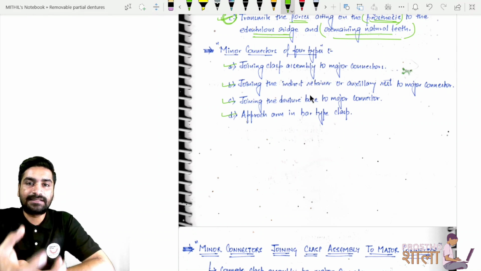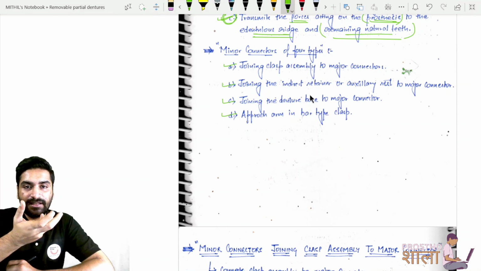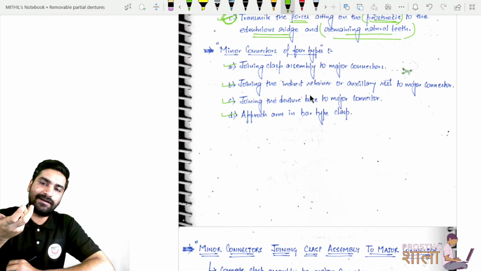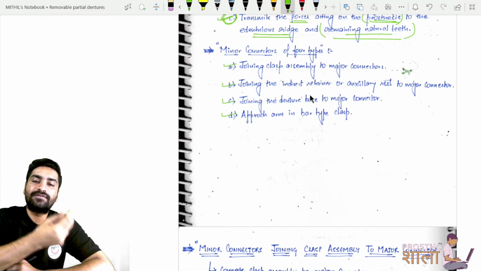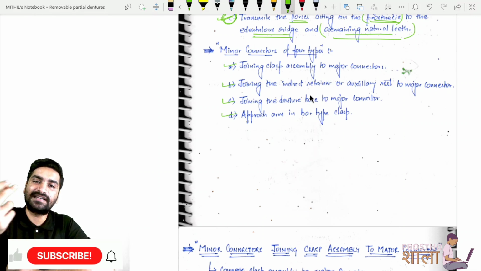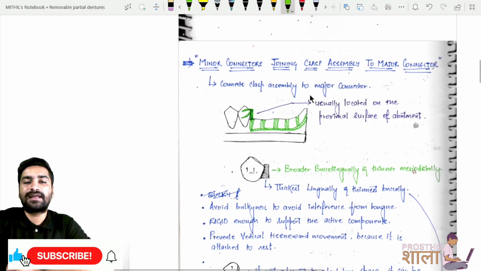So we discussed that minor connectors are a connecting link between the major connector and other parts like your clasp, indirect retainer, rest and denture base. Based on these four different parts, you have four types of connectors.